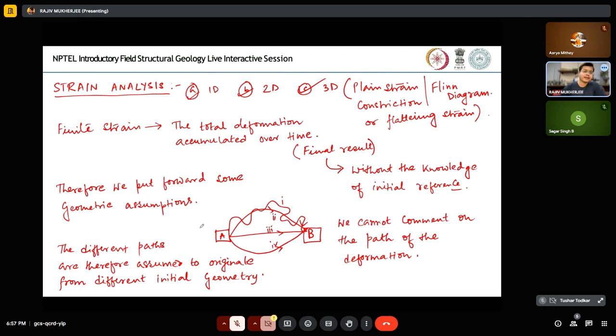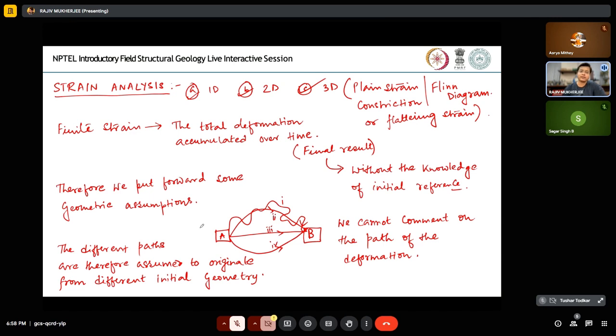Because if we assume all of the objects are irregular in geometry, then we will never be able to understand how the deformation has taken place. So for reference, we need something which is geometrically simple to infer. So that is the main point.